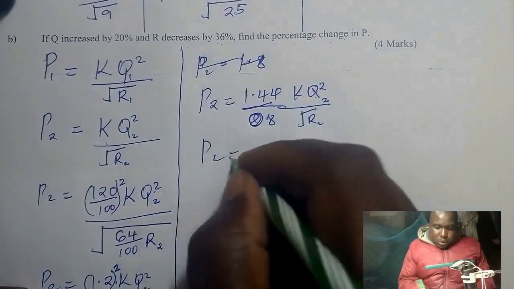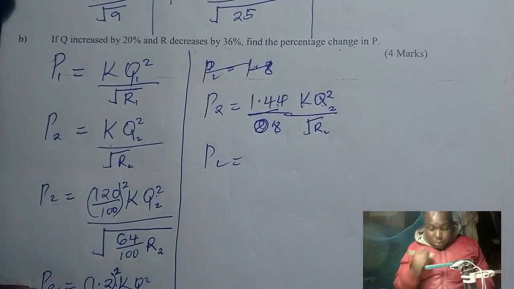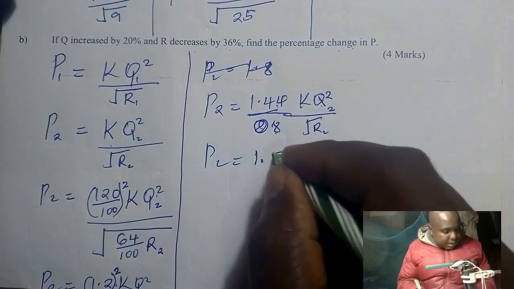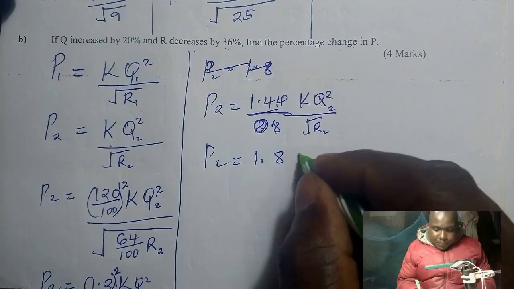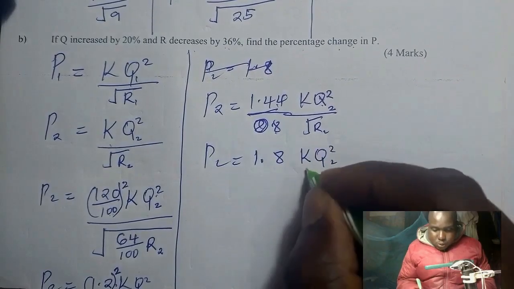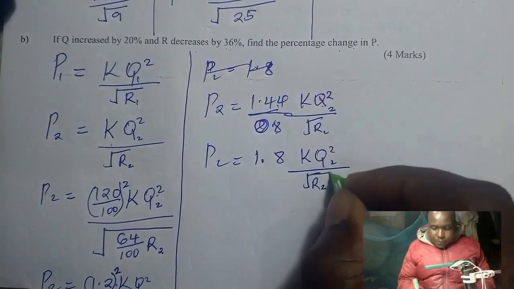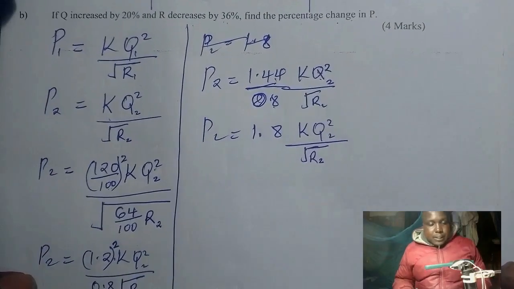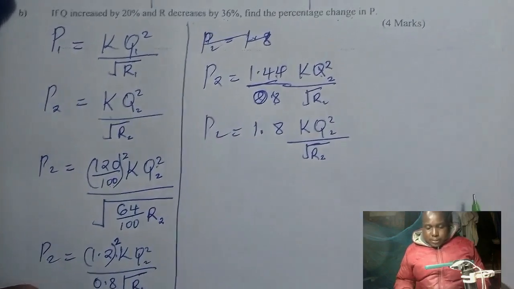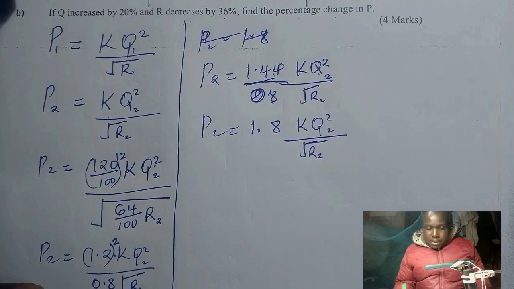So P2, you divide 1.44 by 0.8, you get 1.8 K Q2 squared divided by root R2. Remember, it was squared. You must remember to square. Please don't forget that.